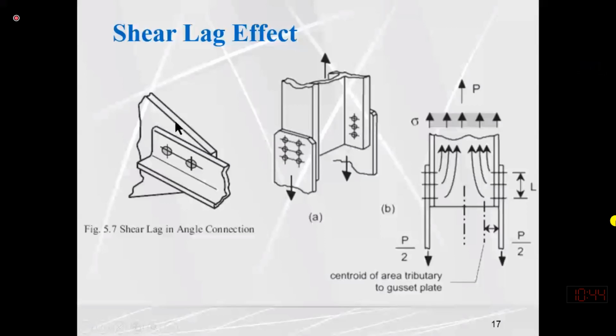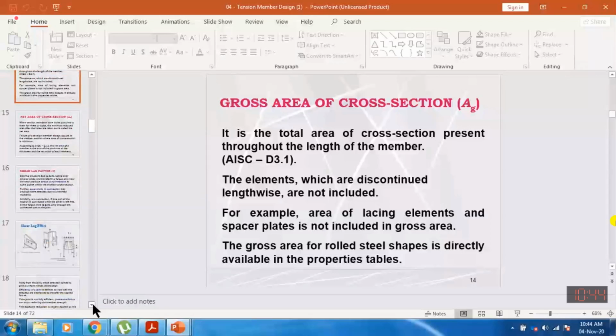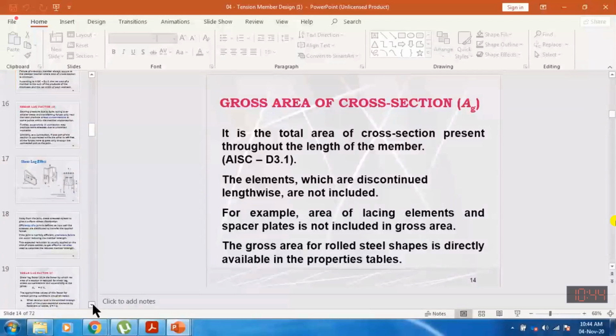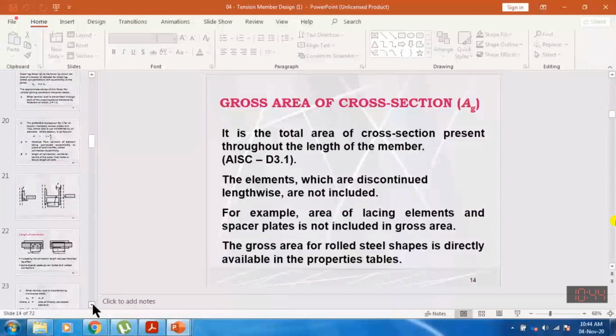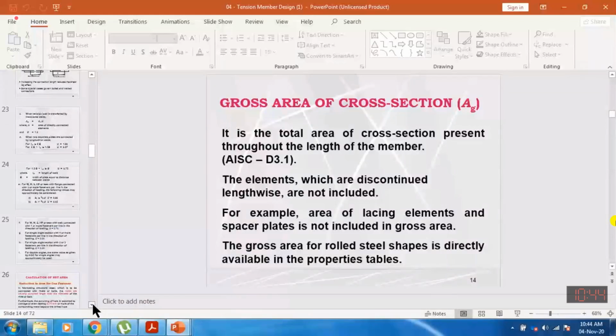Or if we have to use a double angle built-up section, then again we use one gusset plate, with one angle on the other side. Maybe I could show you this slide. There was one slide where, sorry.